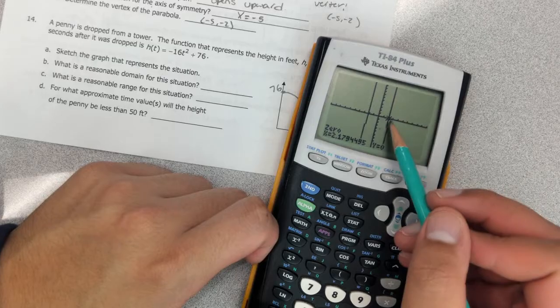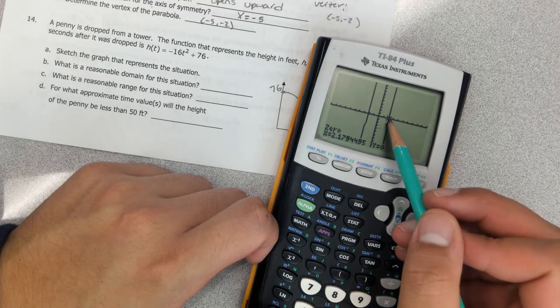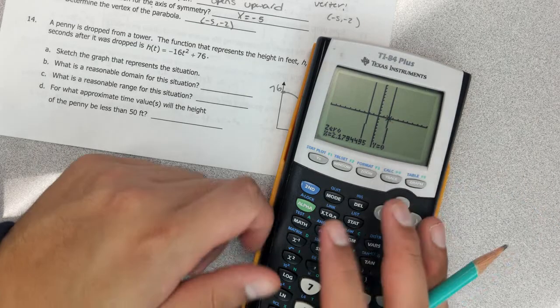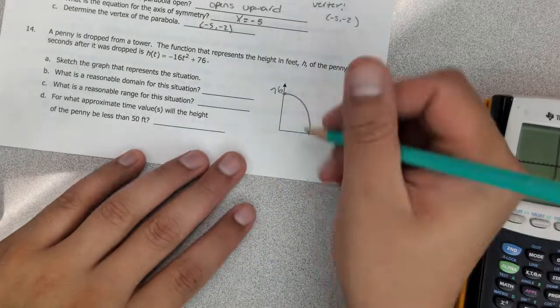The x-intercept is at 2.16. So this is when it came back down. So it came back down at 2.17 seconds.